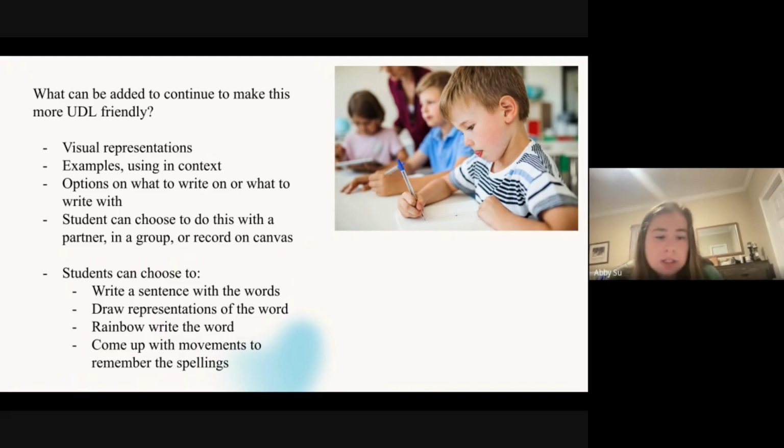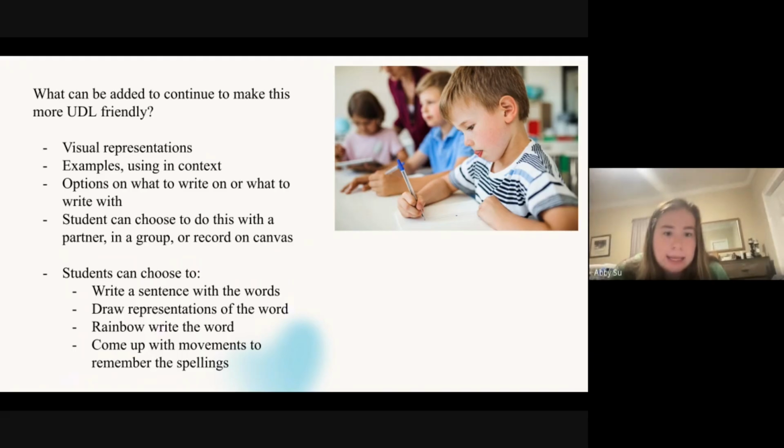I also think that a student could be able to choose from doing it with a partner, doing it in a group, or recording it on Canvas. I know that in the Understood article about UDL in the classroom, they talked about giving regular feedback. And I think all of these options are great ways for students to give feedback, whether that is recording it and I get to give feedback to them.